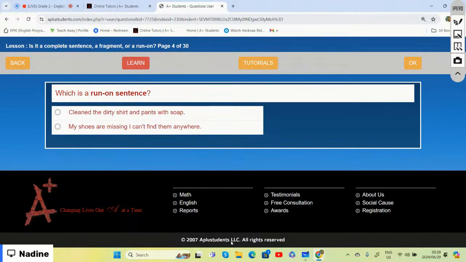Remember, we did this yesterday, but we did the two lessons. What we are doing today is to complete sentence fragment or run on, as well as to unscramble the words that make up a sentence. So which means that we are doing two other lessons that are still based on the previous lesson.